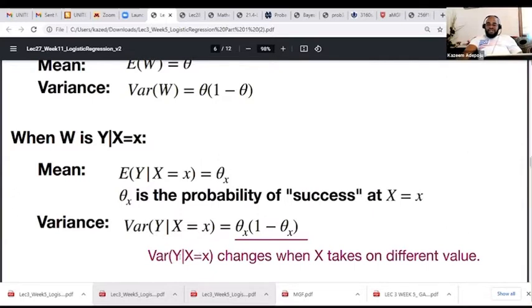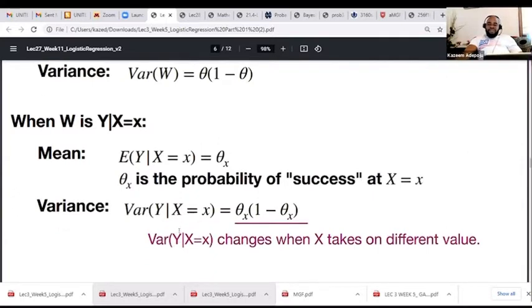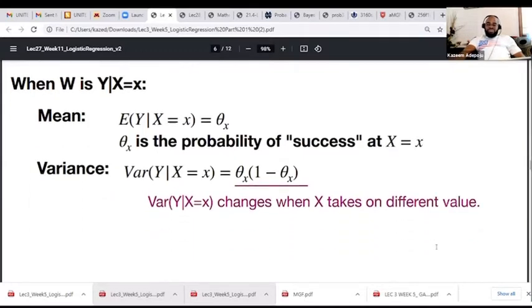That was why I said the variance of y, given the values of a predictor, is going to change when x takes on different values. So that is one of the reasons why you cannot use linear regression for a situation where the response variable is categorical, because there's always going to be a violation of constant variance. That's exactly what I'm trying to showcase to you right now.